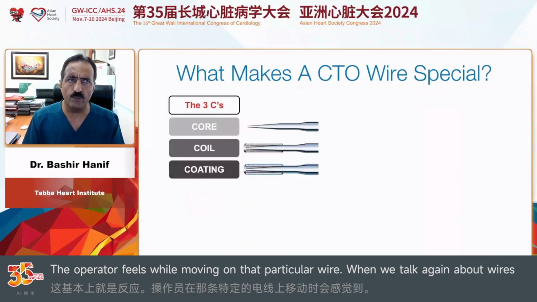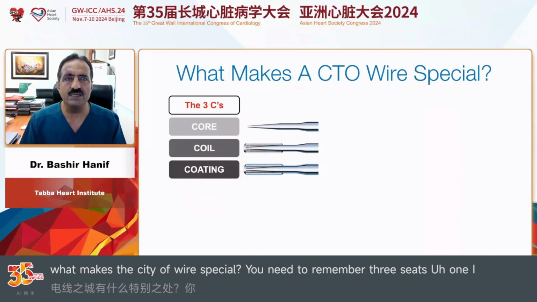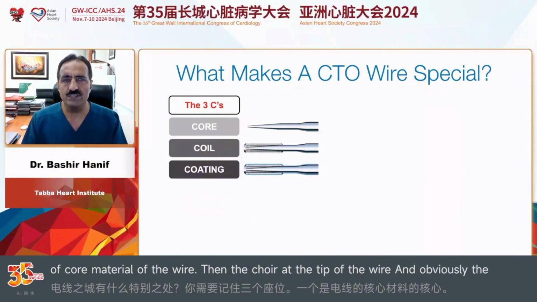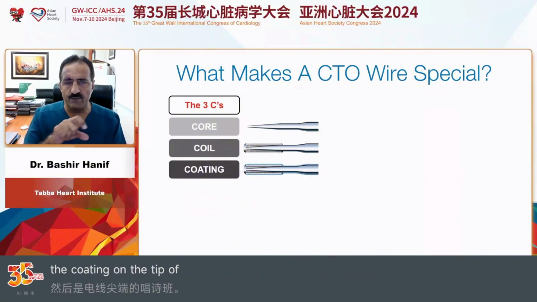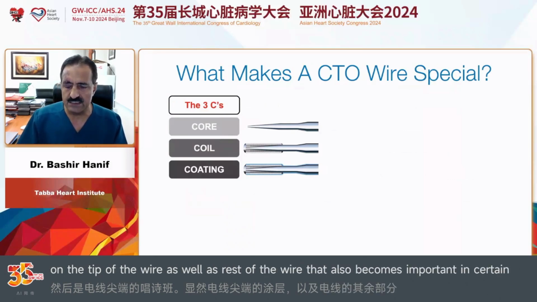When we talk again about wires, what makes a CTO wire special? You need to remember three C's. One is the core material of the wire, then the coil at the tip of the wire, and obviously the coating on the tip of the wire as well as the rest of the wire. That also becomes important in certain situations.